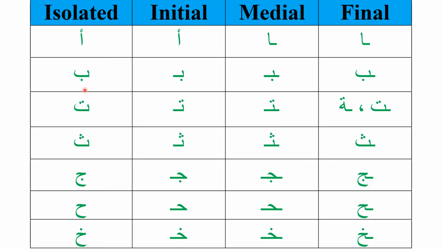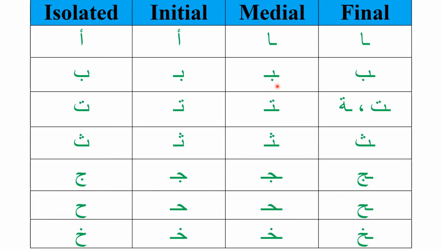And here's a ba when it's isolated, and when it's initial, at the beginning of a word, it looks like a half ba, but it's expected to add something here. We'll do a couple of examples in the coming slides.